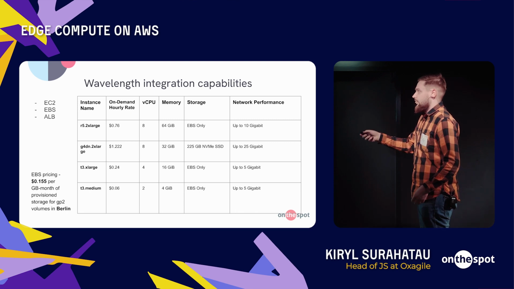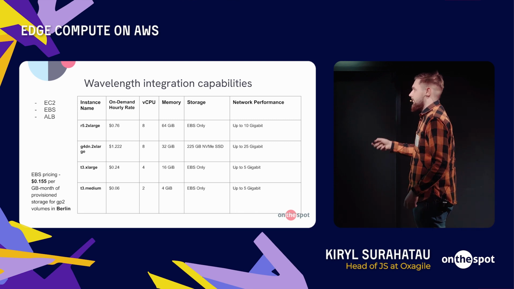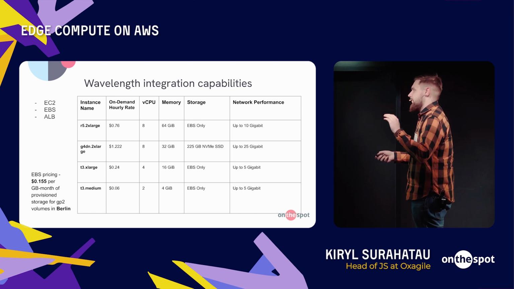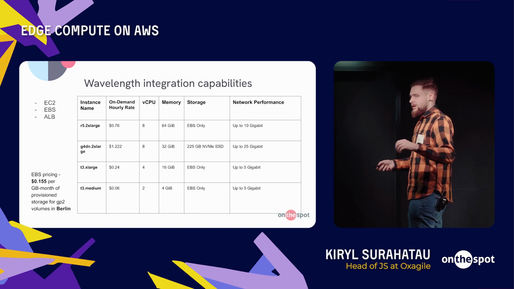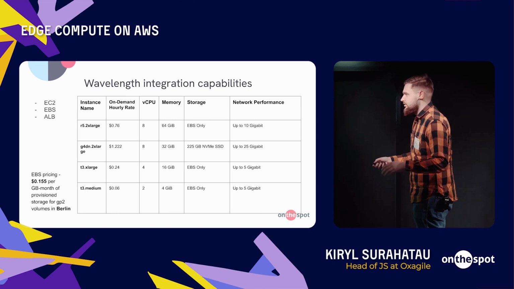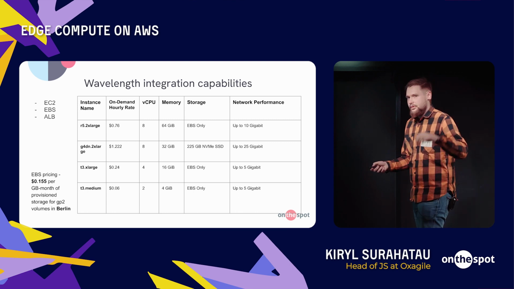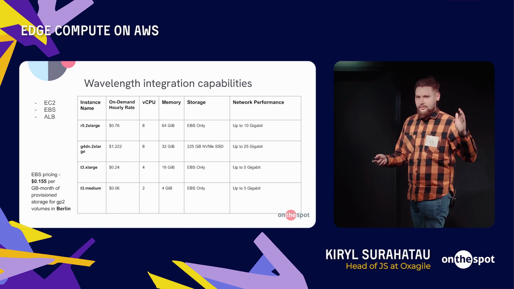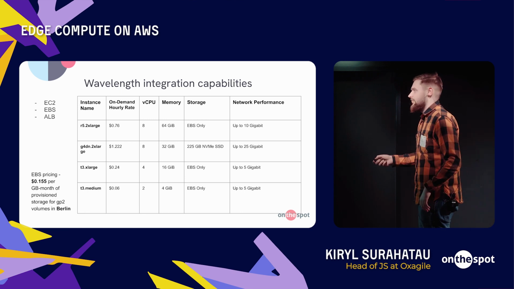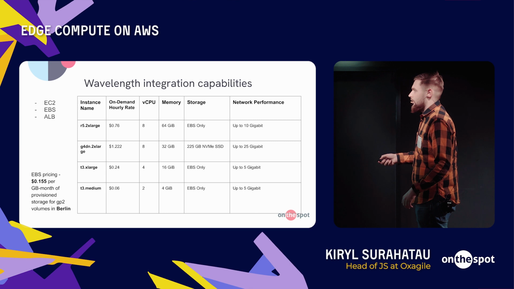Here on this table, I hope it's big enough to see, I found certain instance types that you can set up in Berlin wavelength zones. So first of all, you can set up only three constructs here: EC2, EBS, and ALB. So EC2 virtual machines, EBS the volumes, which is block storage, and then ALB, your load balancers.